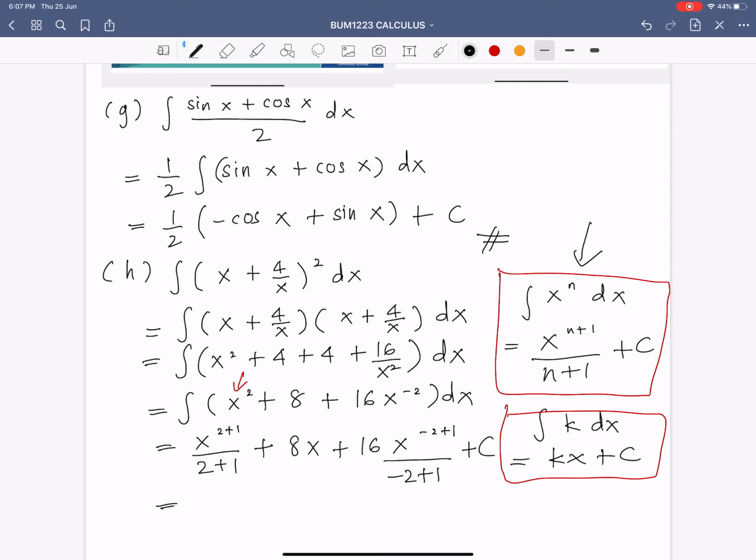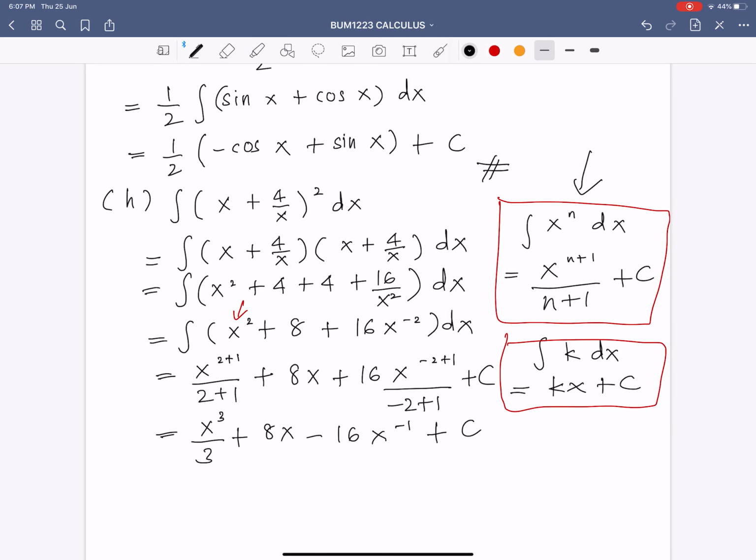Where it is equal to x cubed over 3 plus 8x minus 16, and then x to the power of negative 1. But sorry, I forgot the c, plus c.